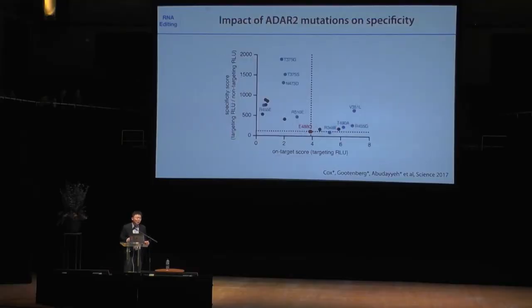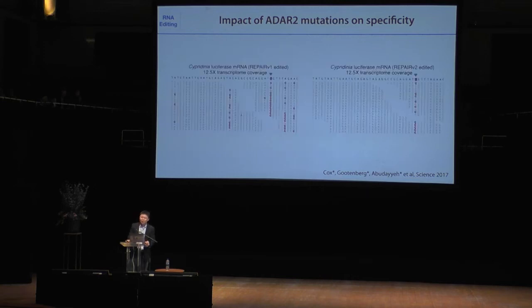So we tested a large number of them. And for example, some of these residues, like T375G, can significantly improve the recognition of the desired molecule while ignoring the molecules that we don't want it to modify. And this is the result of that change.